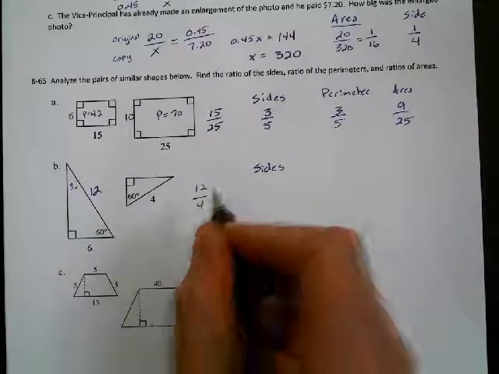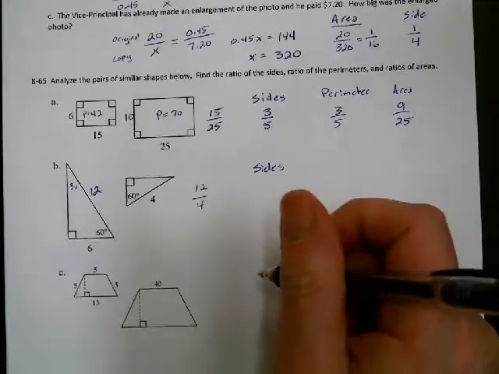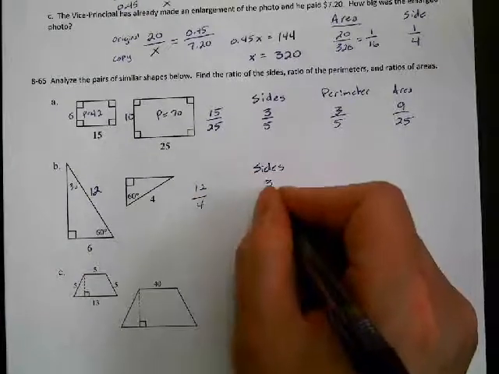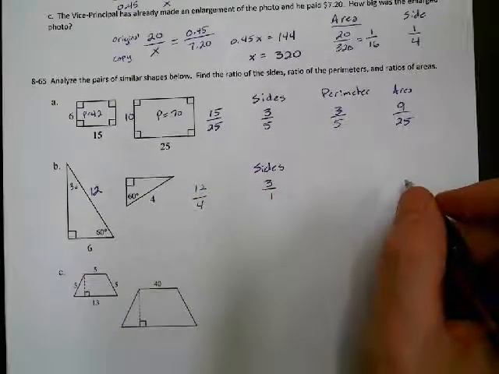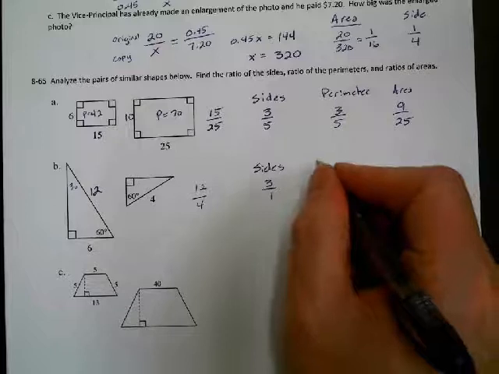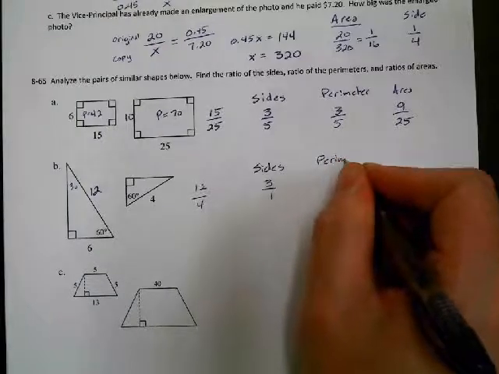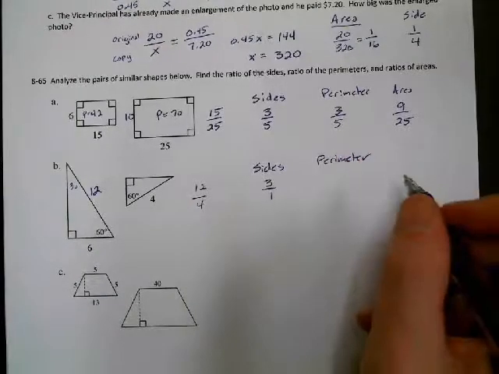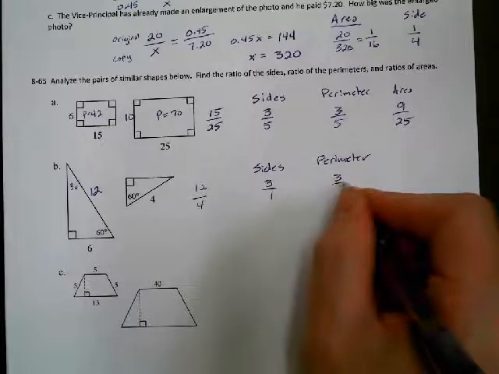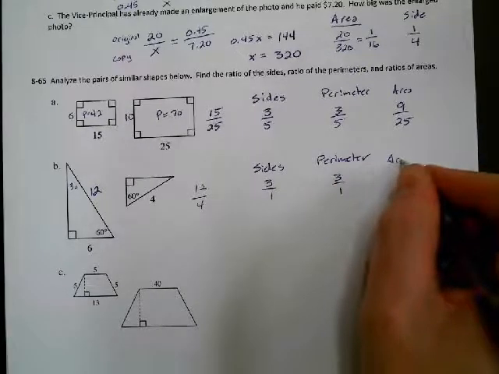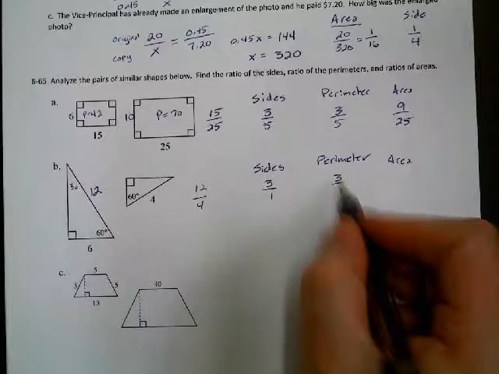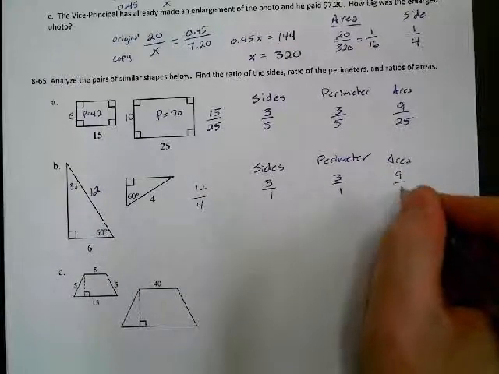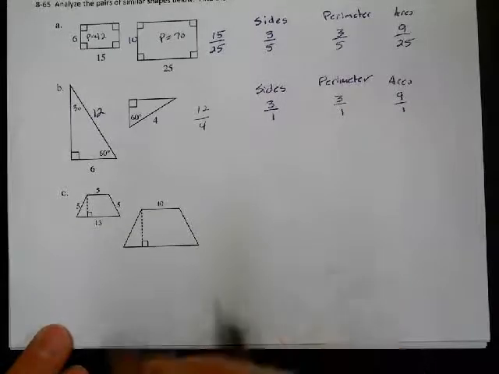So the sides have a ratio of 3 to 1. The perimeter should have that same ratio, 3 to 1. The area should be these two numbers squared, 9 to 1. I mean, we can prove this, but we're not going to.